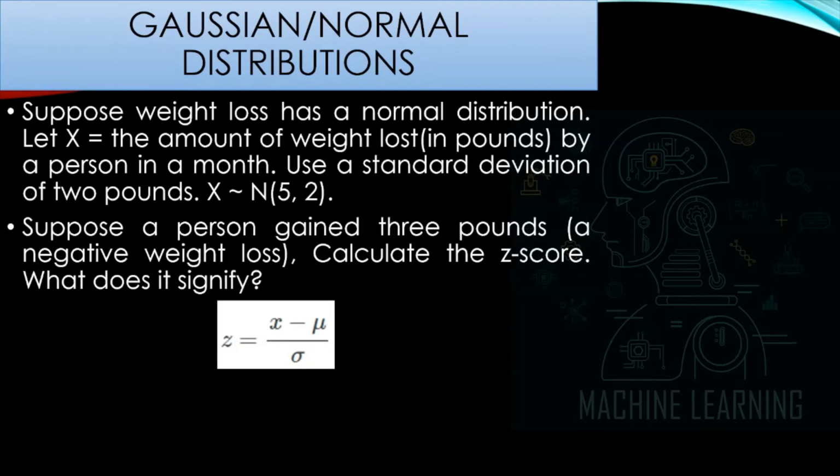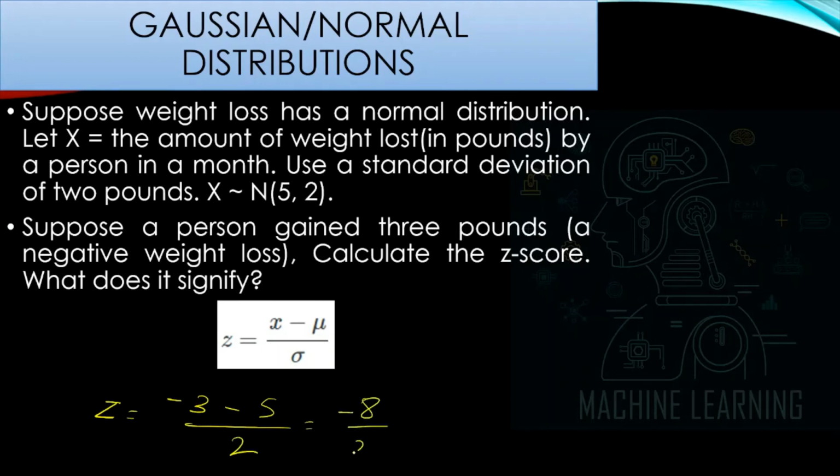Take a look at the next question, which says suppose a person gained 3 pounds, which means it's a sort of negative weight loss, and you need to calculate the z-score. Of course, this is the same formula we will be using. So x is equal to minus 3. When we calculate the z-score, it will be minus 3 minus the value of mu, which is 5, divided by 2 because that is our standard deviation.